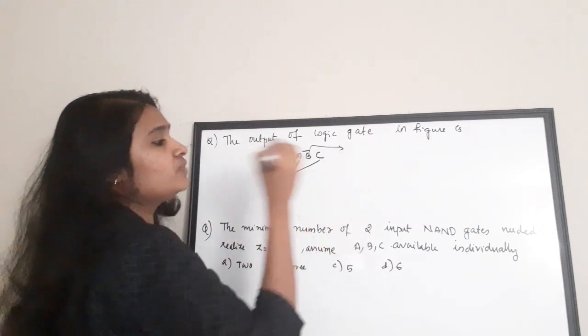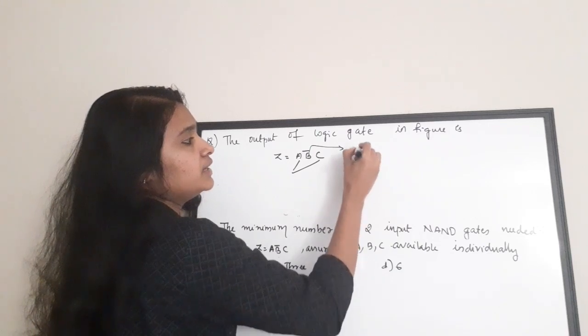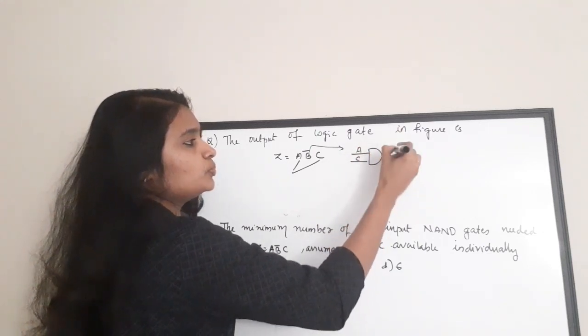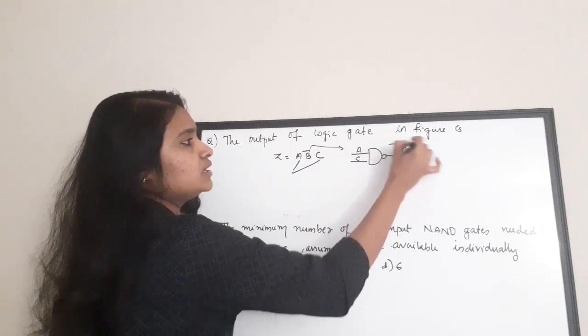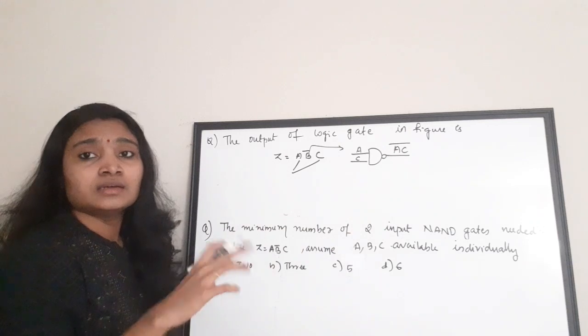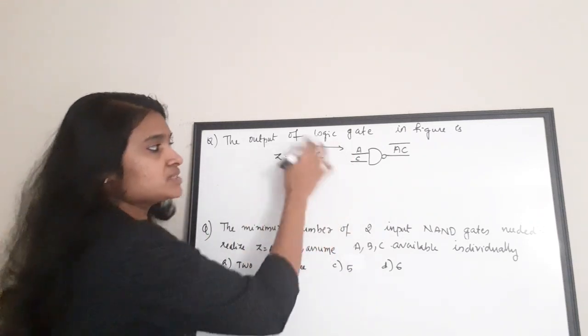Okay, so what gates do we need? We need NAND gates. A and C applied to a NAND gate, the output will be AC bar. We need it in non-complemented form, that is, we need AC itself for this expression.